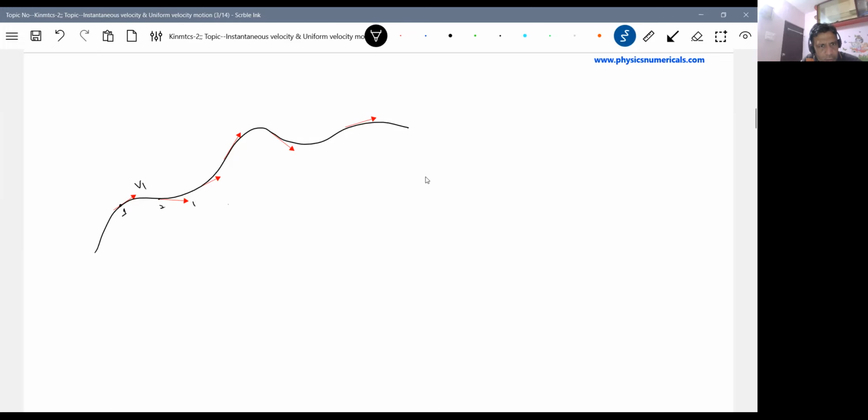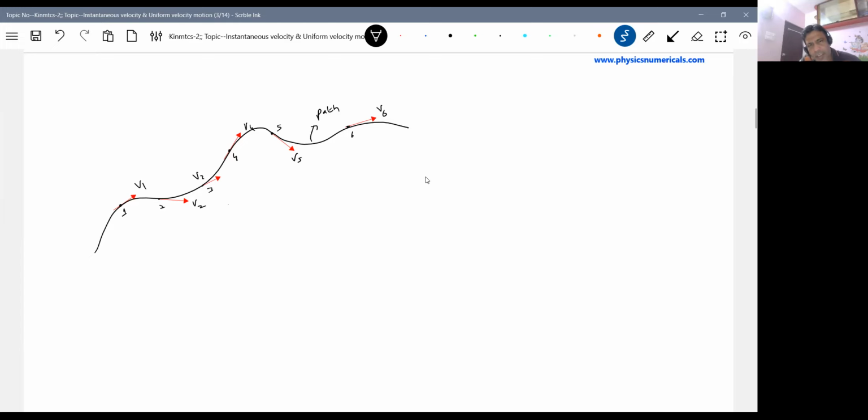What is the velocity at 2? V2. At 3? V3. At 4? V4. At 5? V5. At 6? V6. And this is called the path. Able to understand this one?